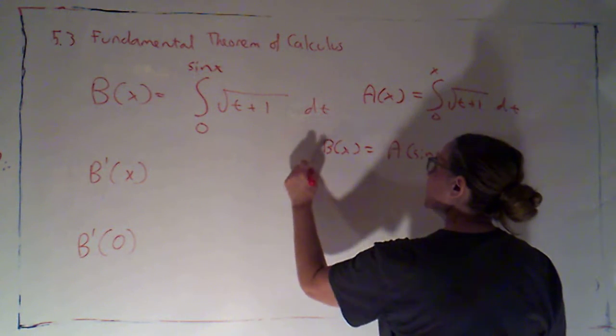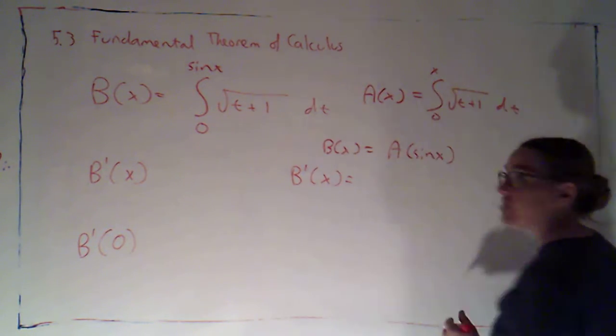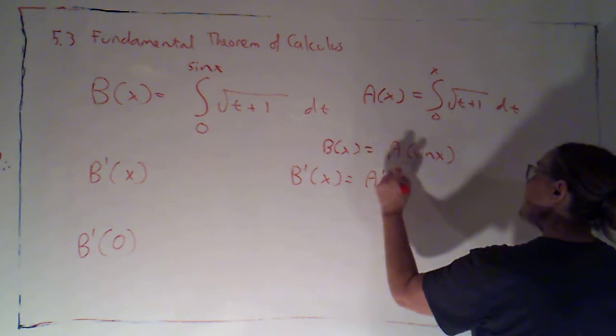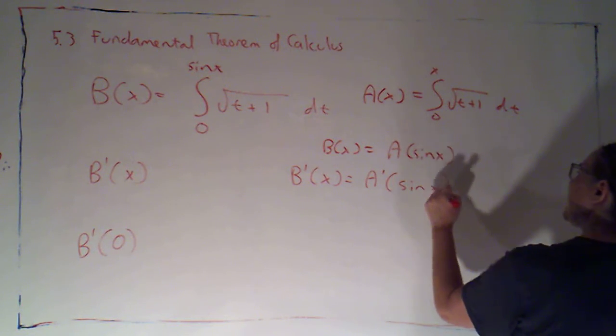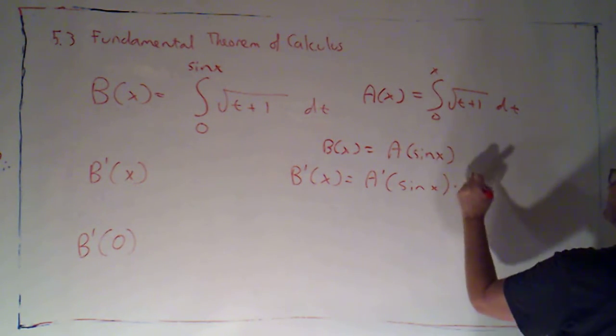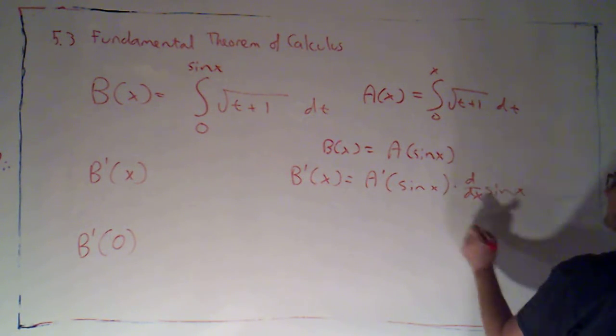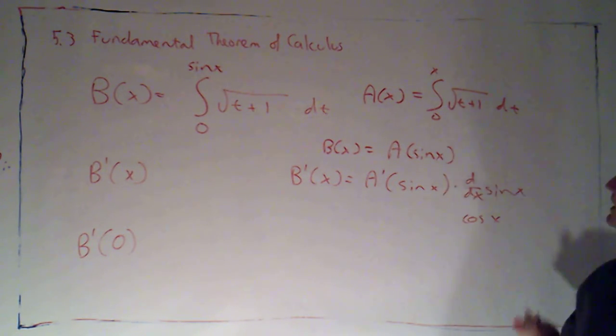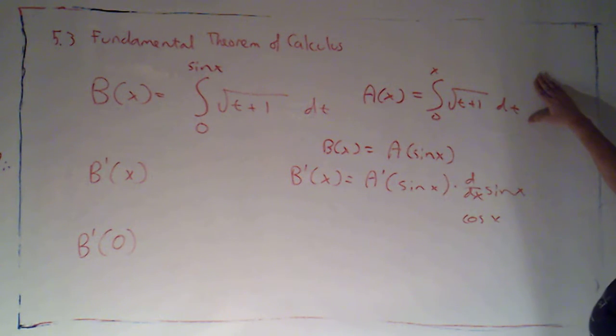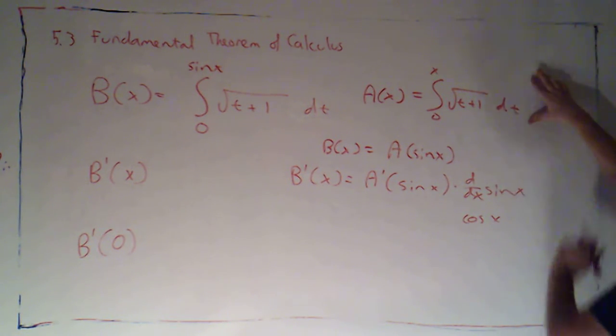So b prime of x, this is just going to be chain rule. That's going to be a prime at sine of x times the derivative of sine x. The derivative of sine x, of course, is just cosine x. For a prime of x, that's the fundamental theorem of calculus.